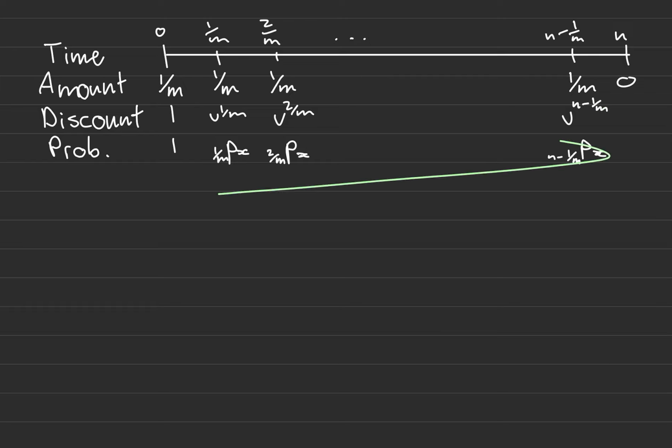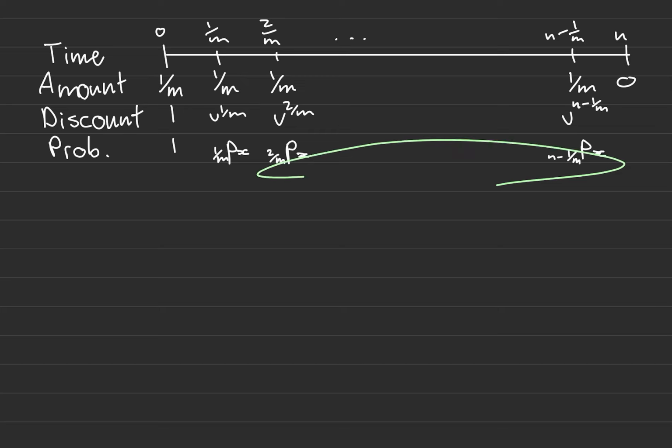And then I must also have different probabilities here. Now, in order for this payment to be received at time 1 over m, the person has to survive from time 0 to time 1 over m. So now I have the probability that a life aged x survives the next 1 over m years. This would be the probability that a life aged x survives the next 2 over m years, and so on.